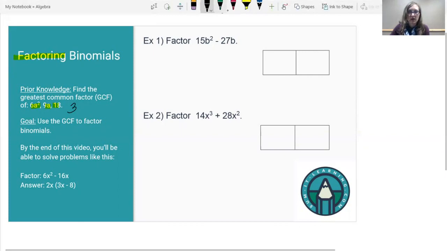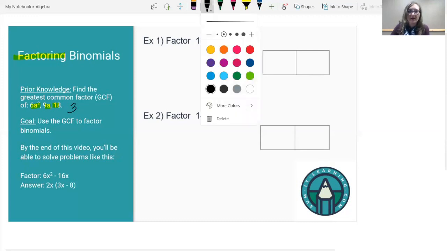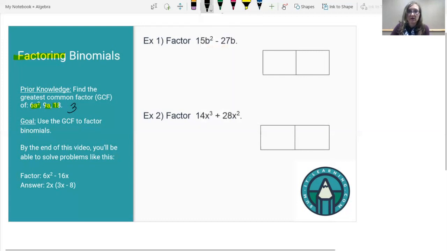So taking a look at our first problem here, we have 15b squared minus 27b. So we'll need to figure out what the greatest common factor is, and we'll pull that out front, and then we'll have whatever's left over in parentheses that comes after it.